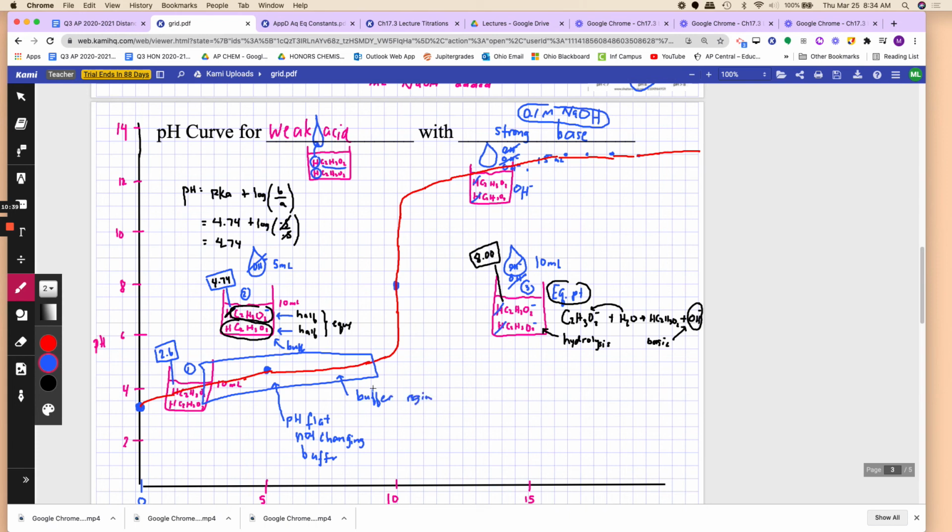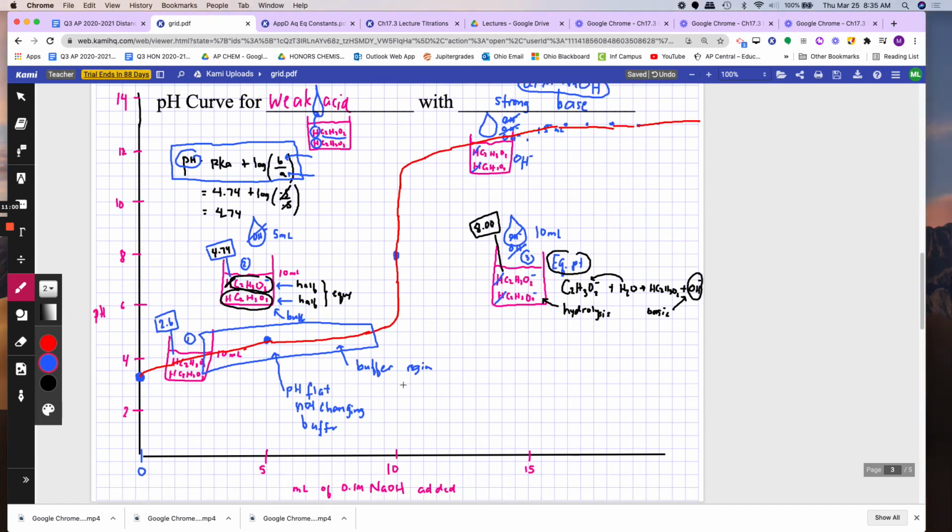And to get the pH of the buffer region, all you have to do is use Henderson-Hasselbalch. If you have equal amounts, it's easy, but if you have a little bit more of the base than the acid, it's fine. You can still plug it into this formula and you can get the pH of that buffer region. Okay?